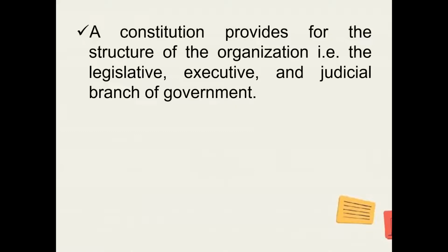A constitution provides for the structure of the organization, that is the legislative, the executive, and the judicial branch of government. We all know the legislative, their duty is to create law, to make laws. Okay? The executive department, their duty is to execute these laws, to implement these laws. Okay? And when we say judicial branch of government, this refers to a branch of government which interprets the law. Okay?